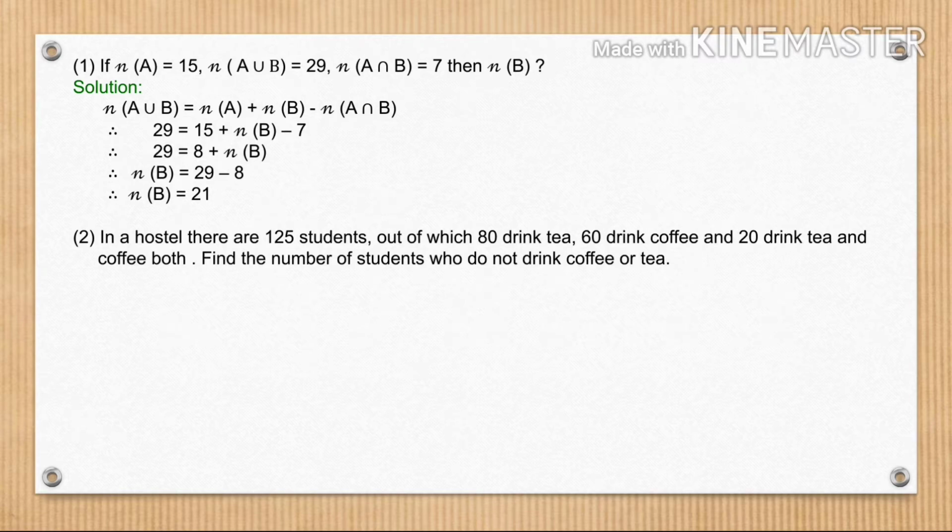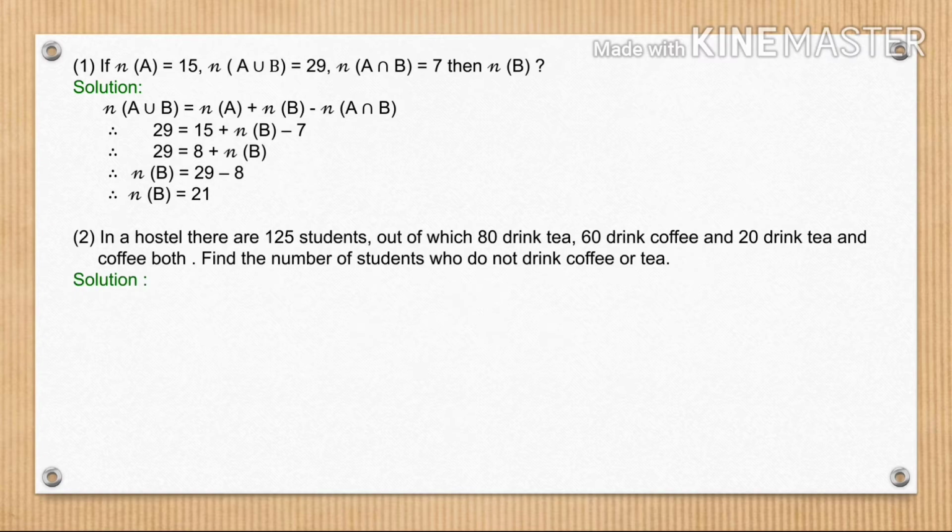Only 125. That means among the 80 and 60 there are students who drink some other drink also, and it is given that 20 drink tea and coffee both. Then we have to find the number of students who do not drink coffee or tea.